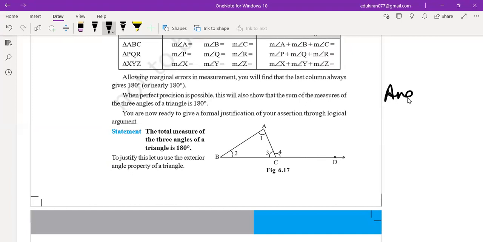So what you will do, first you will write angle sum property, and you will write this: that the total measure of all the three angles of a triangle is 180. Right? Then, ma'am. I'm done.